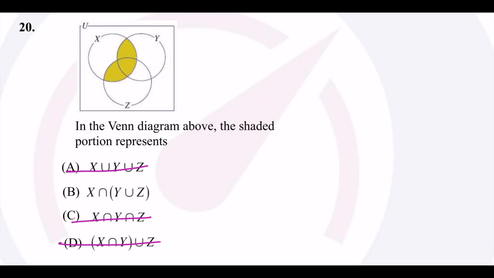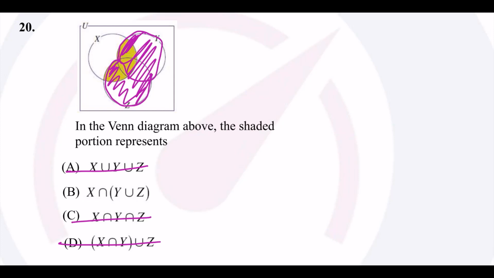So we have X intersect, and then in brackets Y union Z. Now Y union Z is the entire thing here. Let me show you Y union Z. All of this is Y union Z. And then they said that X intersect it.